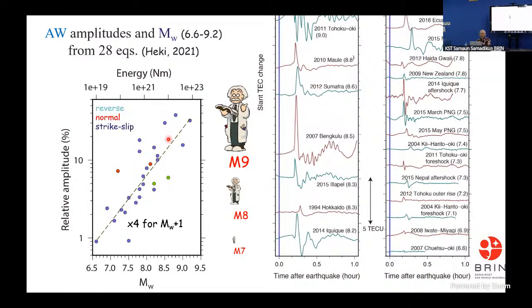And you need to wait 10 minutes for the acoustic wave to travel from the ground to the ionosphere, but you can determine the magnitude 10 minutes after the earthquake, immediately after you observe this signature.